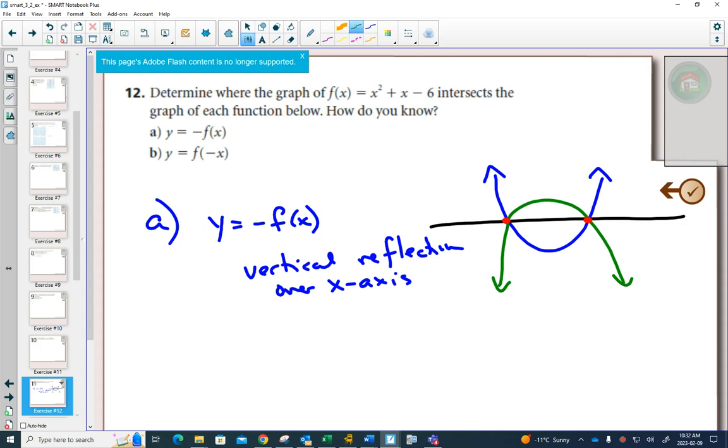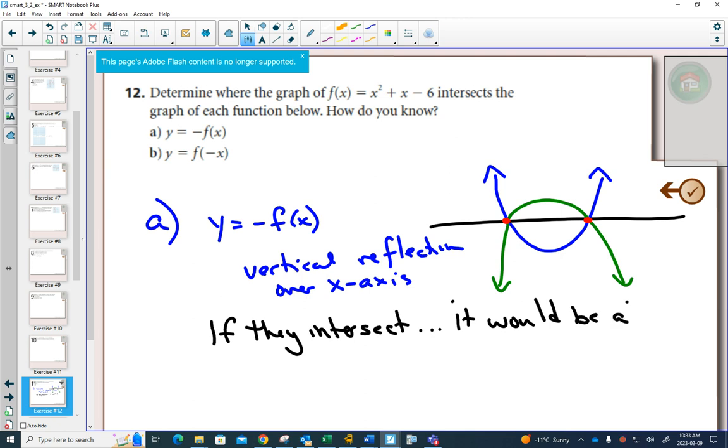So this is me problem solving, thinking about the situation, thinking about what everything does, and based on that, I now have come up with the idea, if they intersect, then it would have to be at the x-intercepts.